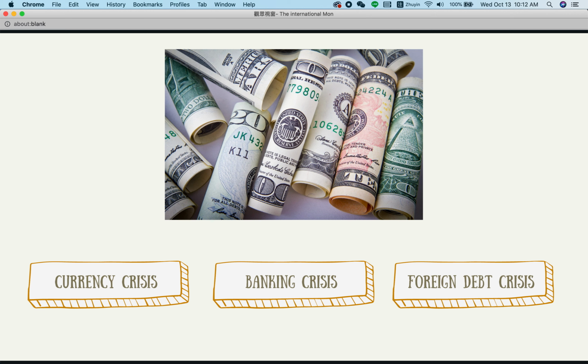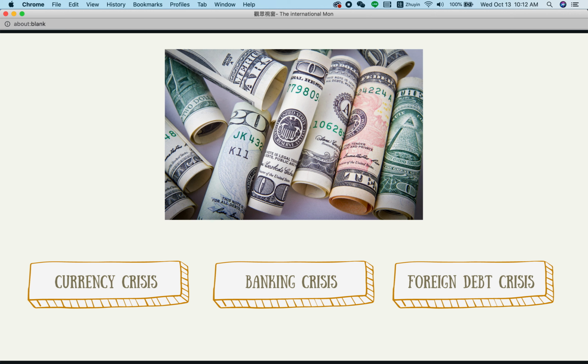simultaneously. To assess the frequency of financial crises, the IMF looked at the macroeconomic performance of a group of 53 countries from 1975 to 1997.